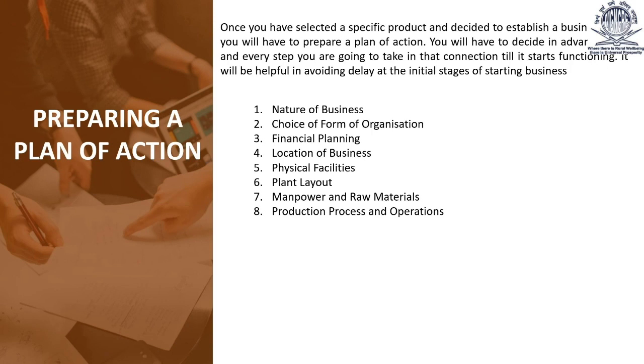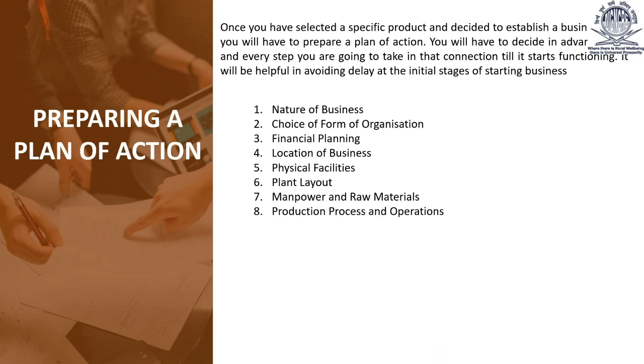Where to establish a business is also to be decided in advance. It primarily consists of a decision regarding the choice of locality and selection of site. Next point is physical facilities.